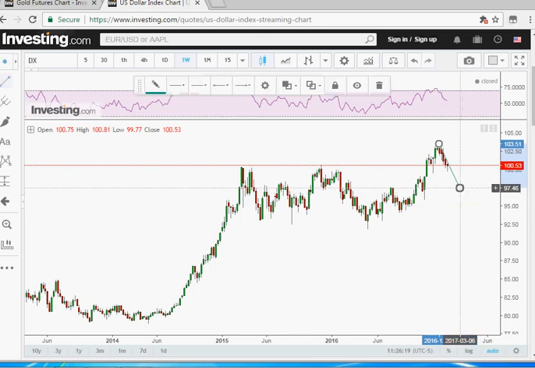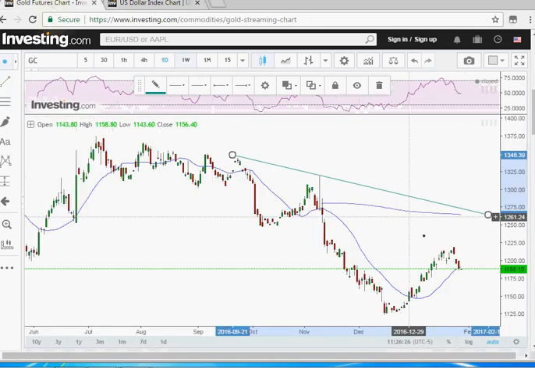If that continues for another few weeks, it is going to help gold to achieve levels probably somewhat higher than 1270, might be considerably higher.